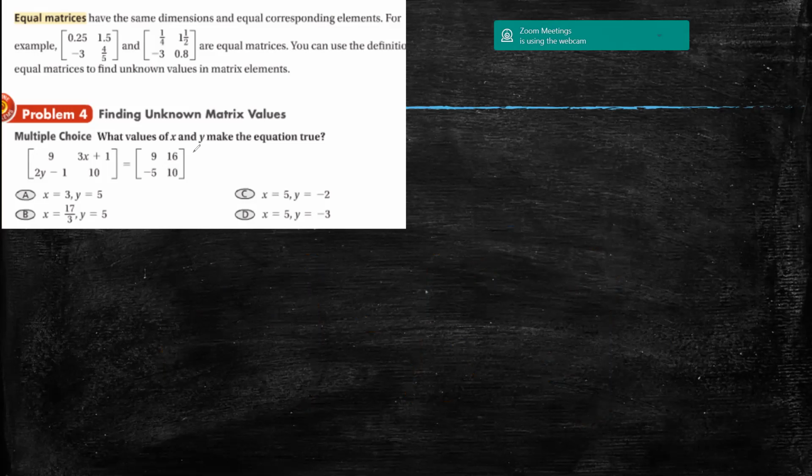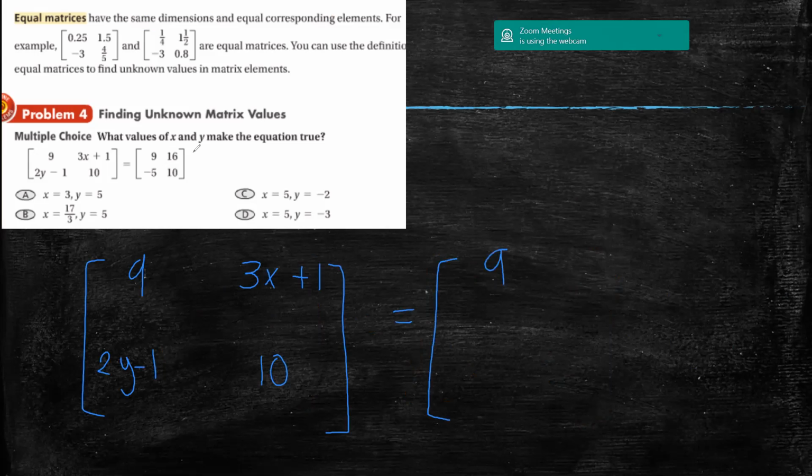Let's see now problem number 5 here. In problem number 5, you have this matrix 9, 3x plus 1, 2y minus 1, and 10. This is equal to 9, 16, -5, and 10.